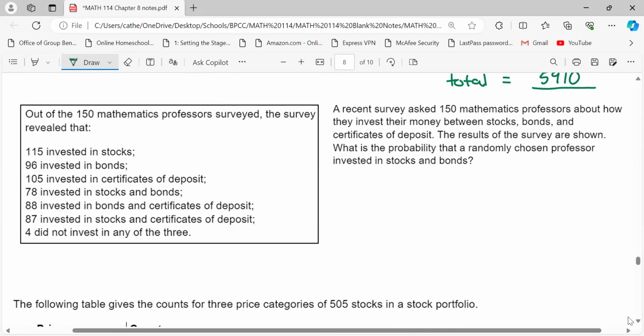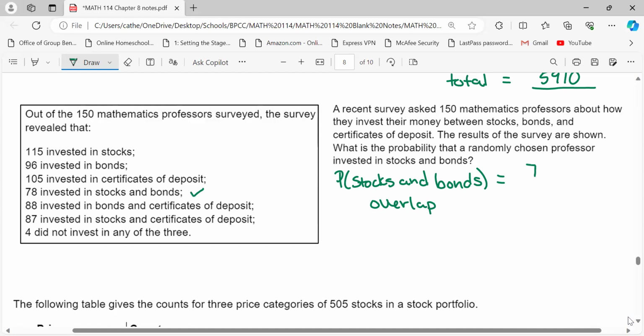All right. We have 150 mathematics professors and how they invest their money between stocks, bonds, and CDs. What is the probability that a randomly chosen professor invested in stocks and bonds? Okay, so this is an overlap. Invested in stocks and bonds is right here.